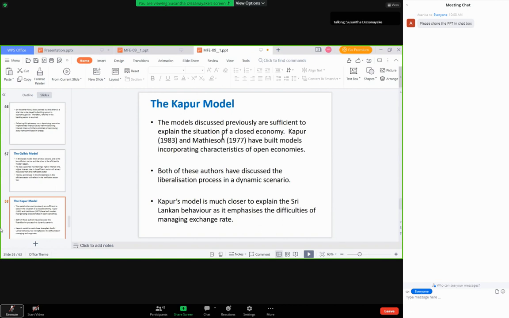So when a developing country goes for an open economic situation or liberalization process, they try to import more and more. Why? They feel the imported commodity price is very low.